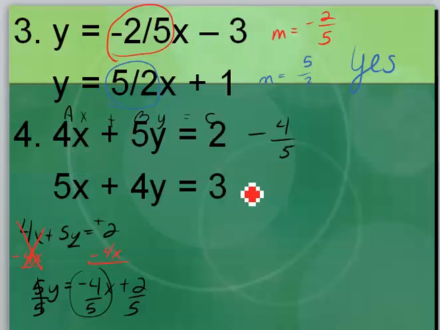You take the opposite of a and divide it by b. A is always what's right in front of x, so the opposite of 5 is -5. B is what's right in front of y, including the sign, so I get +4. So we have a -4/5 x and a -5/4. Even though these are reciprocals, they are both negative and not opposites, so no, these are not perpendicular.